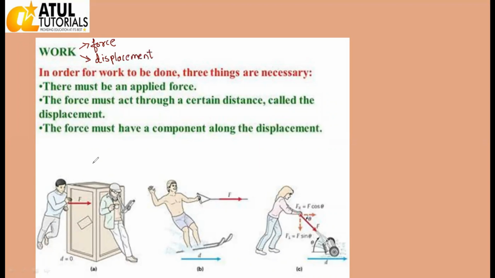Here some more examples we will study. In this first example, this boy is applying force to this box, but due to this opposite force which is applied by this man, this box is not able to be displaced.